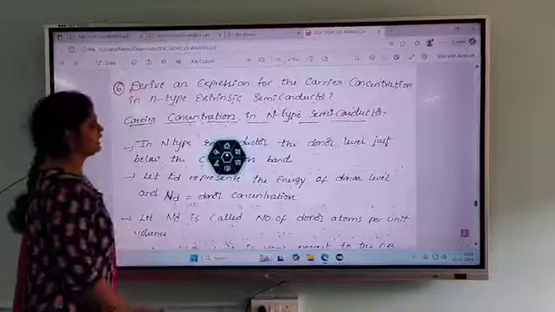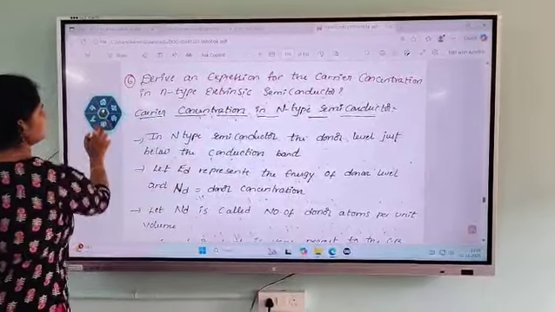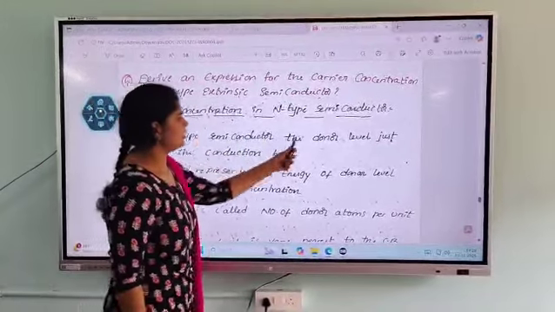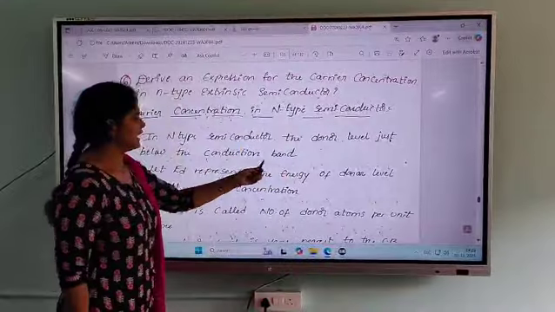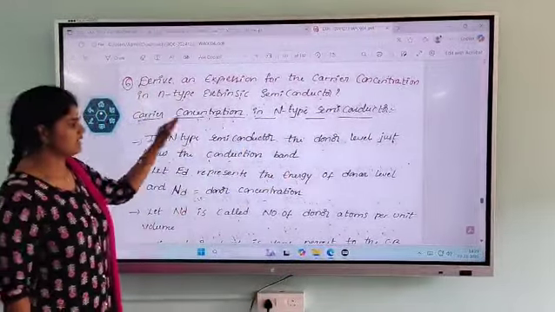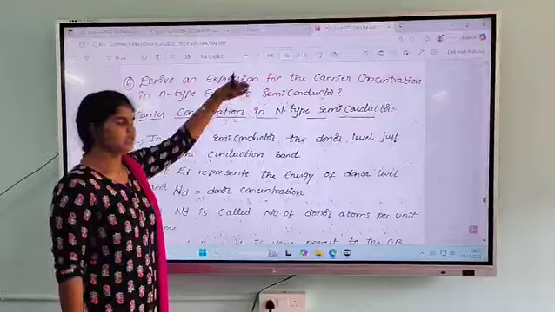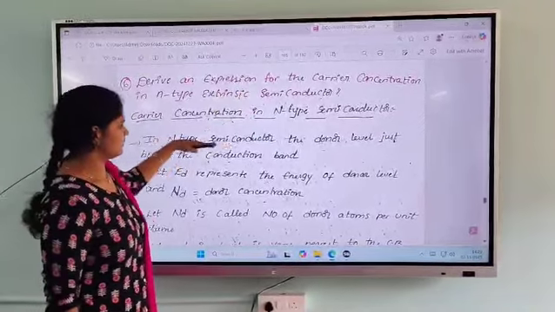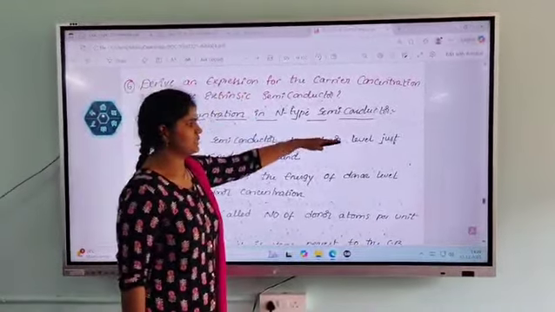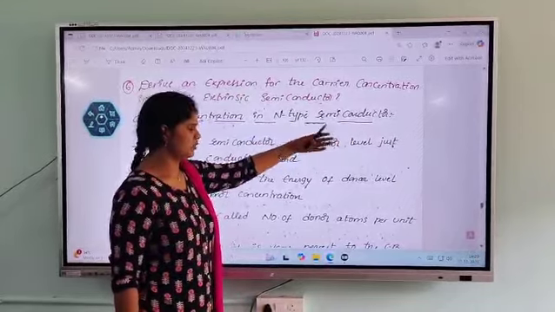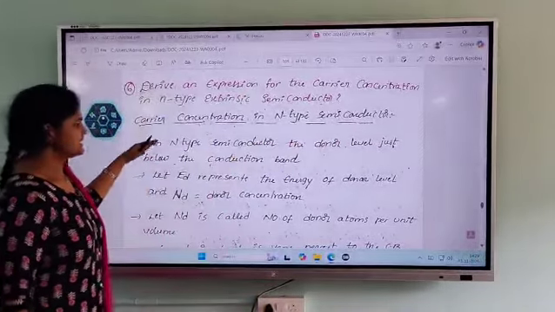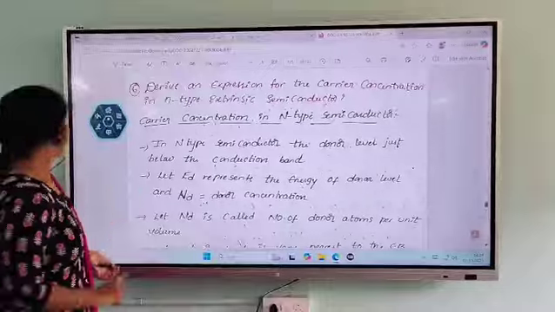So this is what I said before. In N-type semiconductors, the donor level, which donates the electrons, is just below the conduction band.